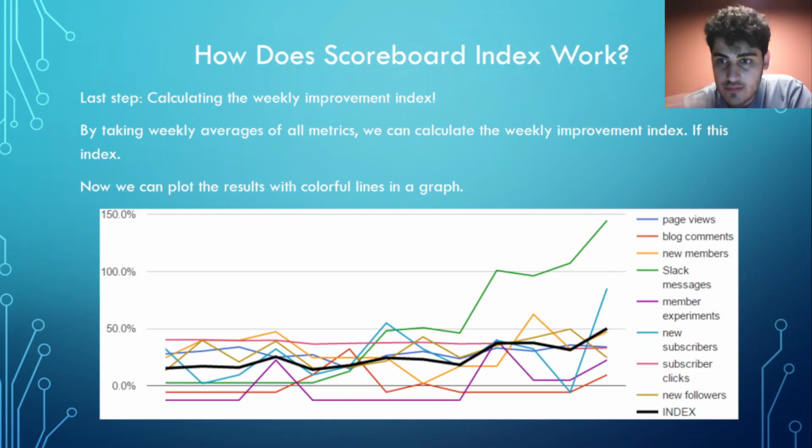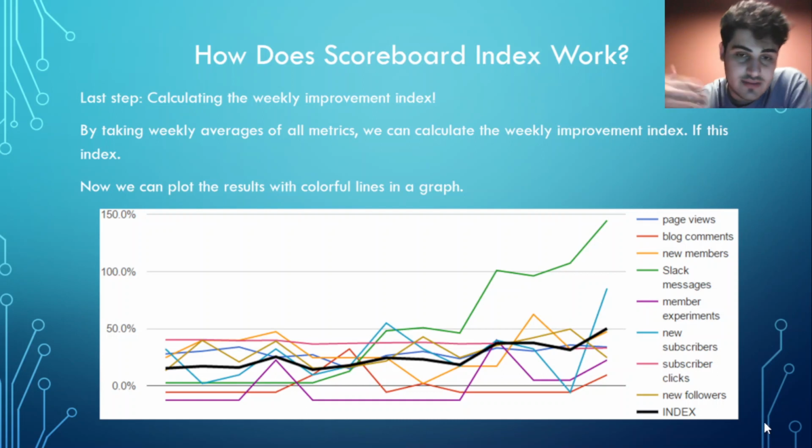So when you look at these colorful lines, you can see that some metrics are quite well, like this green one, and some metrics have problems, like the red one, which is blog comments.